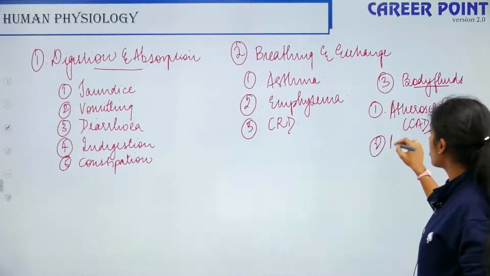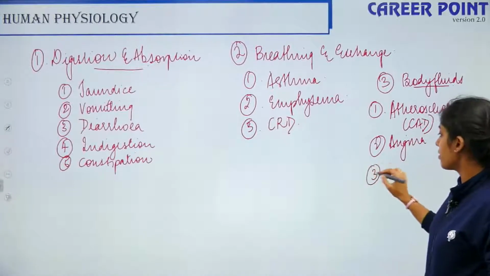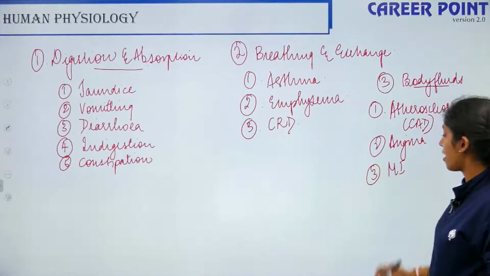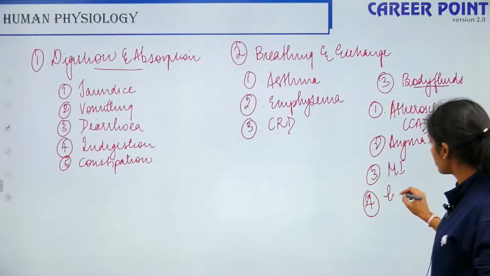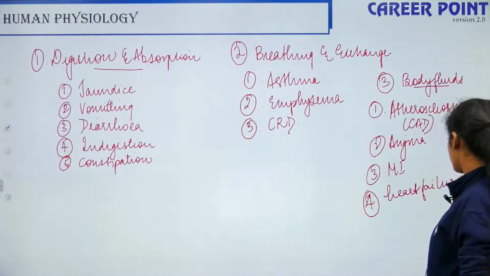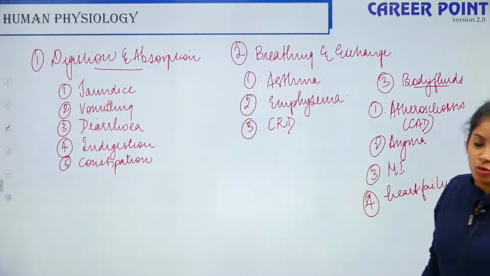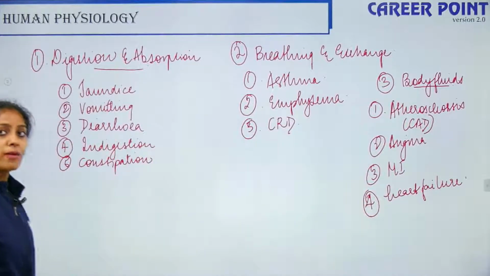Then we spoke about angina. Then we spoke about myocardial infarction, or heart attack. Then we also spoke about heart failure. So these are the conditions that we spoke about in body fluids and circulation. Then we went on to talk about excretion.